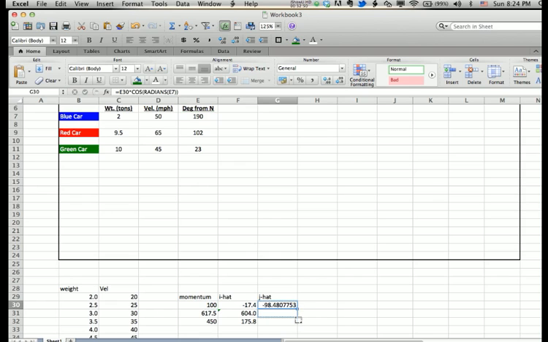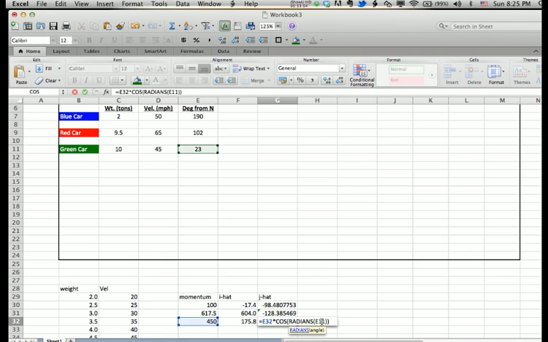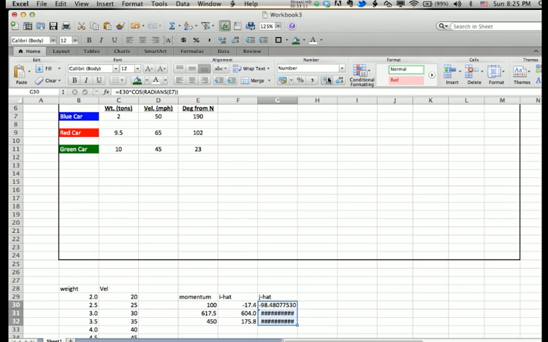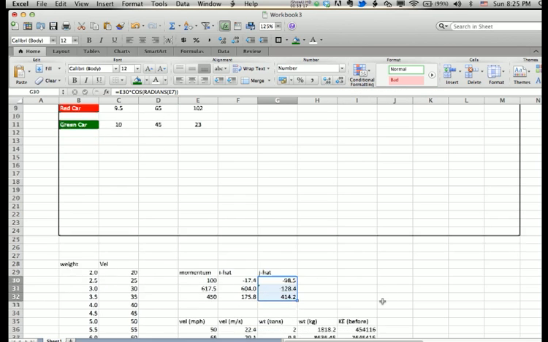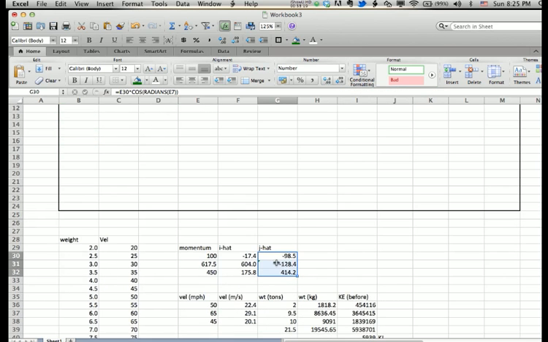And I could drag that down. And then this is going to have to be E9. And this one's going to have to be E11. There's my J hats. Okay. So that's my I hat and J hat of each one.